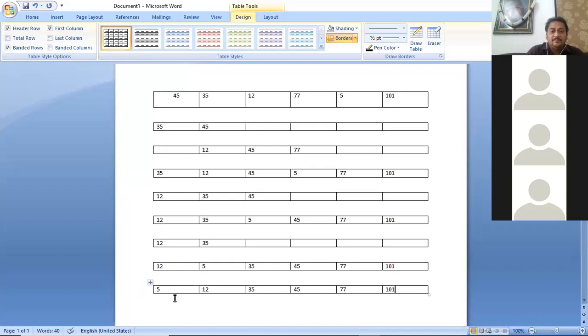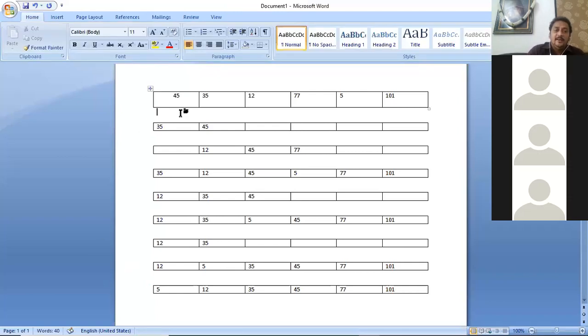Is it clear? Yes, sir, clear. Okay, now copy all this information into your notebook. How to compare? You are supposed to compare with the next element. Suppose this is a of k. A of k is compared with a of k plus 1.